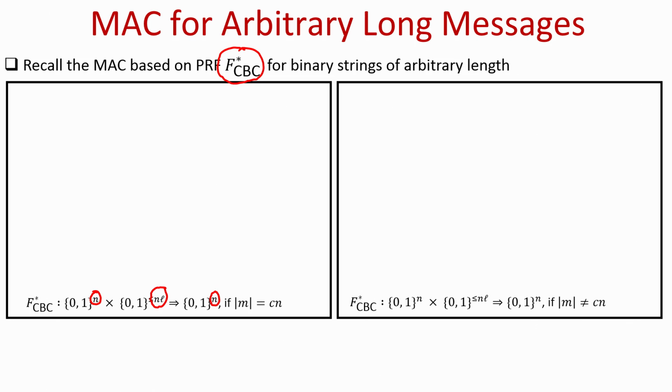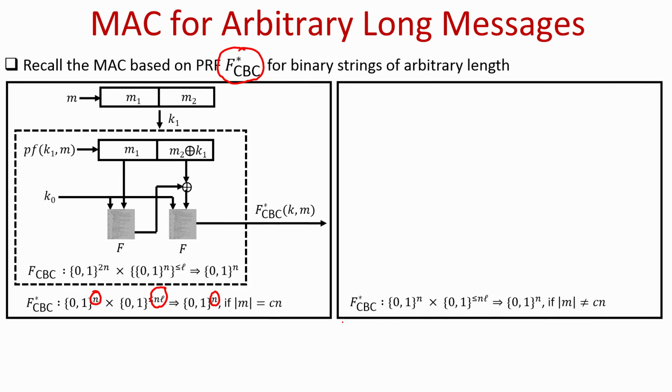Depending upon whether the underlying message on which you want to evaluate this PRF F star is a multiple of n or not, we are actually having one of two possible cases. The first case is when the number of blocks in your message is already a multiple of n.